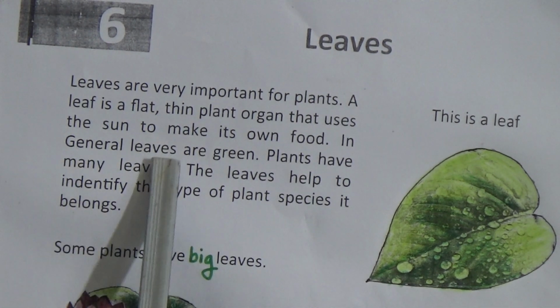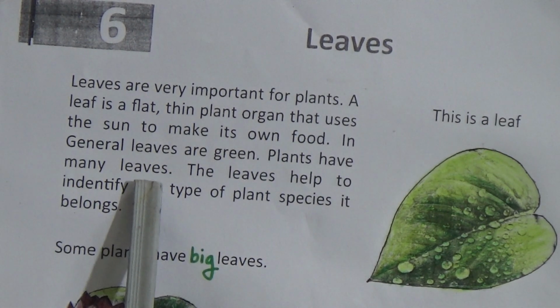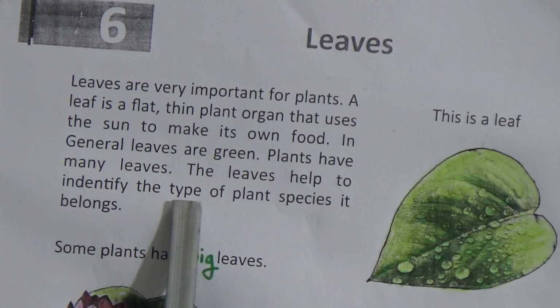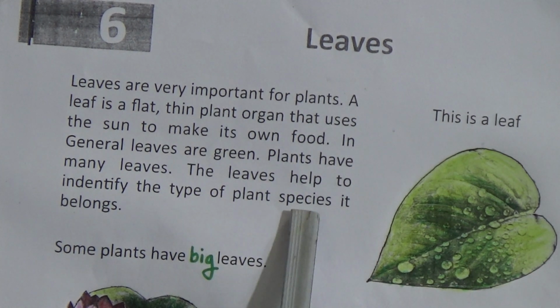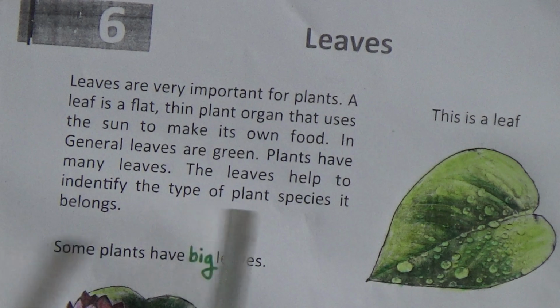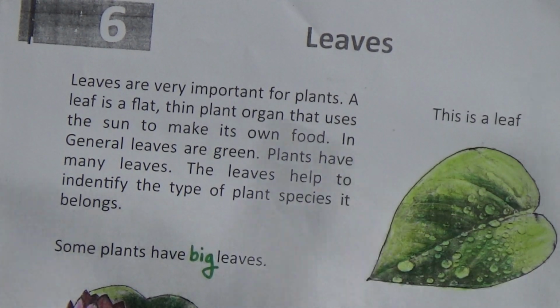In general, leaves are green. Plants have many leaves. The leaves help to identify the type of plant species it belongs to. That means we can recognize the plants by their leaf.